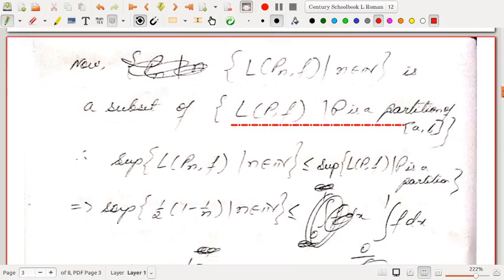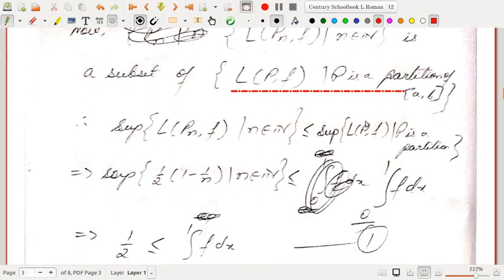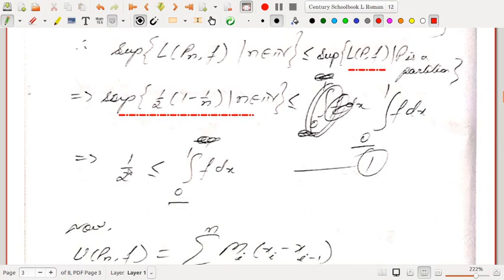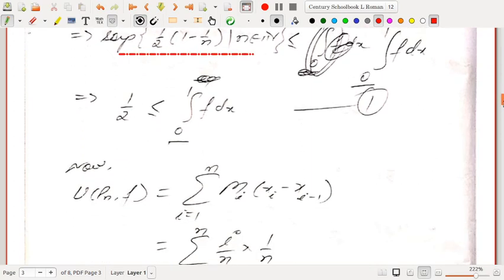We know the supremum over a larger set is larger, so the supremum over L(P_n, f) will be less than or equal to the supremum over all possible lower sums. That is nothing but the lower integral of f. So half is less than or equal to the lower integral of f from 0 to 1.